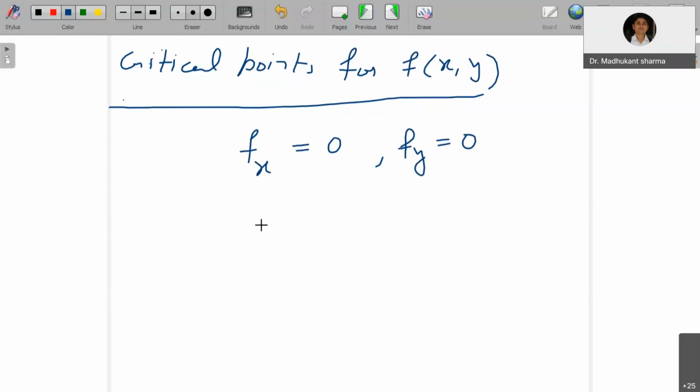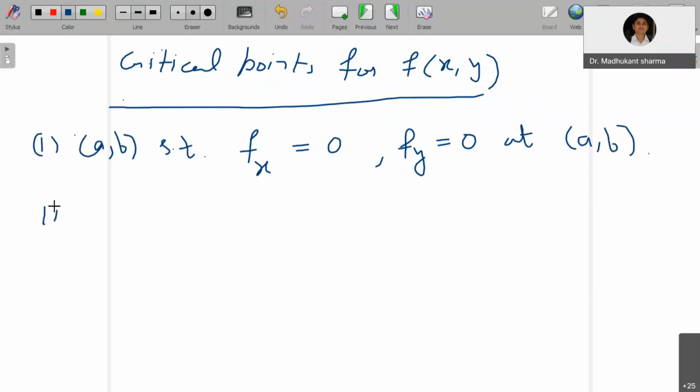If they don't exist, then there are points a comma b such that fx equals 0 and fy equals 0 at (a, b).